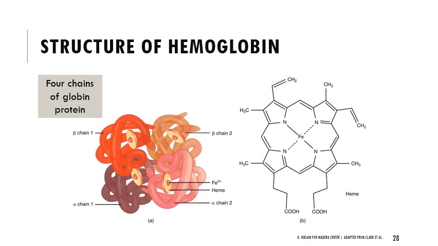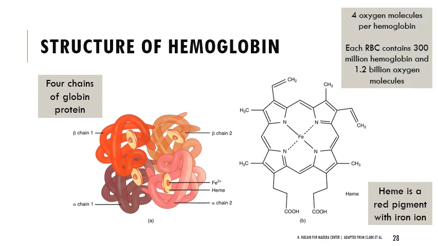You can see chain 1, chain 2 for beta, and then chain 1, chain 2 for alpha below. So there are 4 separate proteins within this structure, and each of those has what's called a heme molecule on it. Heme is a pigment, it's red, and it has an iron ion in the center of it.